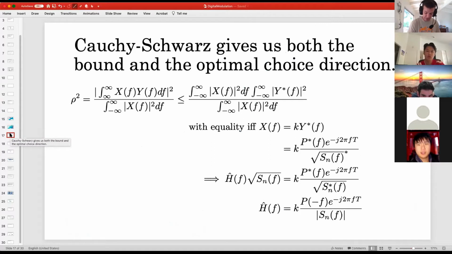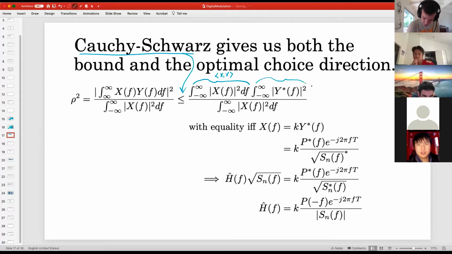Okay, so here is this. Cauchy-Schwarz gives us this inequality because the numerator on the left has to be no bigger than the numerator on the right. And this is the inner product of x with x, and this is the inner product of y star with y star, with a df here.